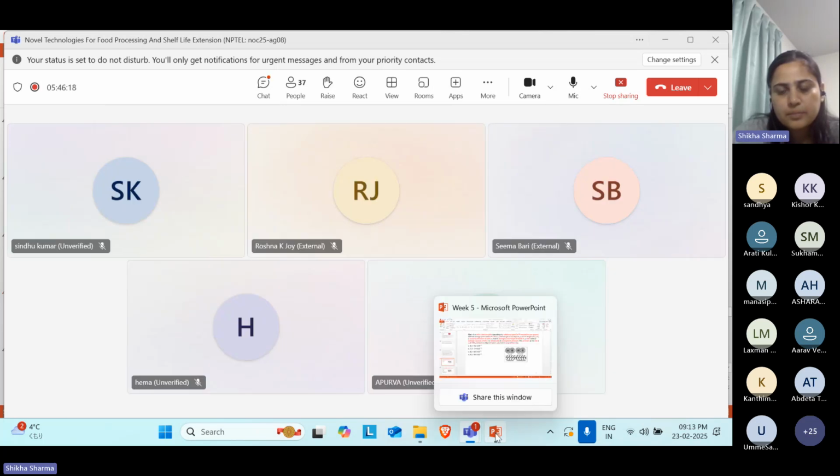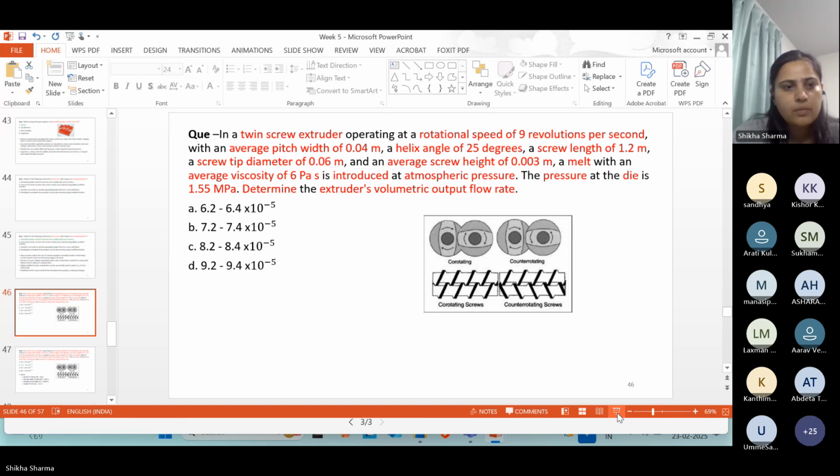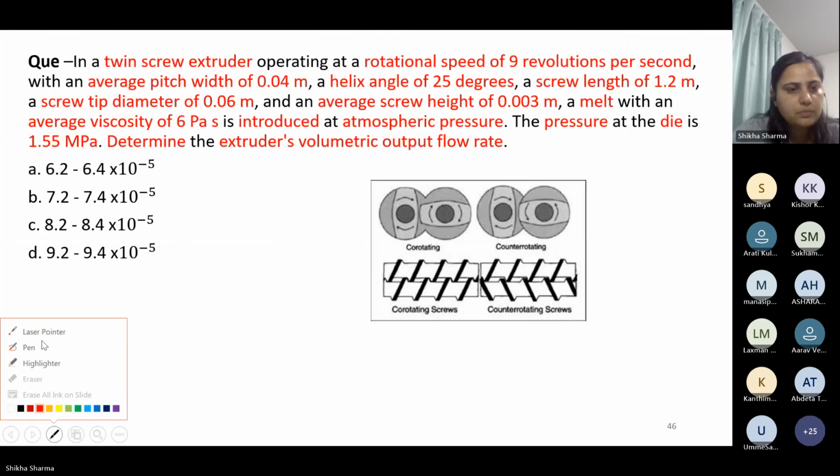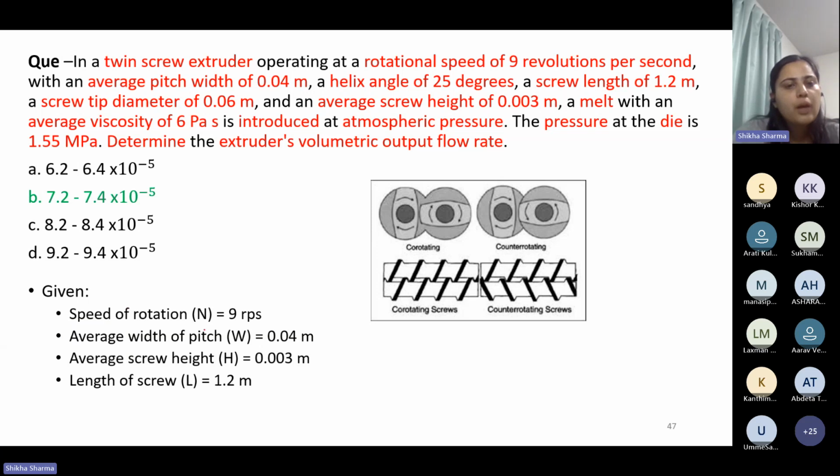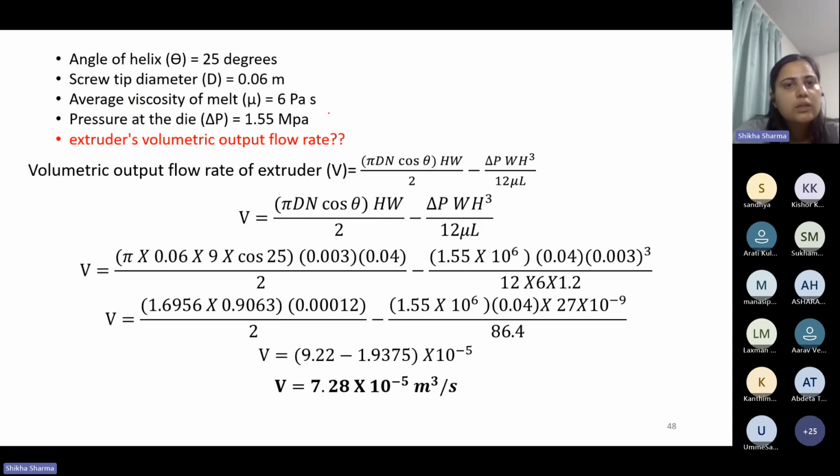Please try to solve this question. So we have speed of rotation as 9 revolutions per second, average width of the pitch W as 0.04 meter, average screw height H is 0.003 meters, length of the screw L is 1.2 meters, angle of helix is 25 degrees, screw tip diameter D equals 0.06 meters, average viscosity of the melt is 6 pascal second, pressure at the die is 1.55 megapascals.